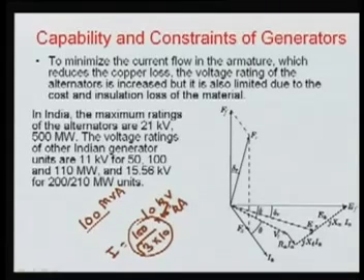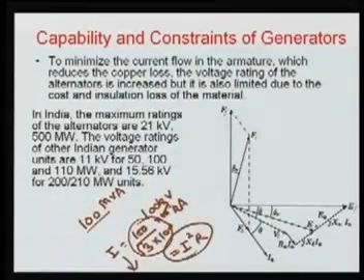Now if you want to increase this voltage to 100 kV, what happens? This current is reduced, and once current is reduced, we know the I square R loss, that is the real power loss, basically generates heat in the winding. So what we normally do is try to increase the voltage to reduce the losses in the system. But there are two problems with increasing the voltage.